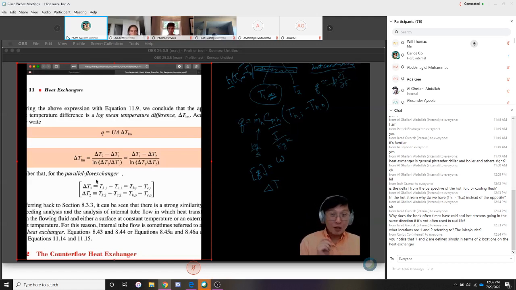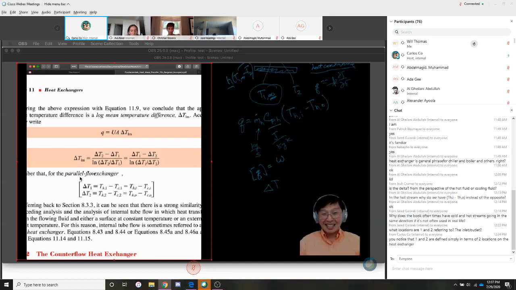What happens is, at position 1, if it's a parallel flow, it's the inlet of both the hot and cold streams. At position 2, when you're calculating that delta T, it is the outlet and outlet. Now, of course, you want to venture a guess: if you have a counterflow heat exchanger, what happens?